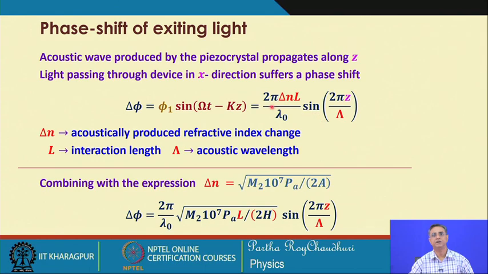I express this quantity in terms of this delta n, which is in turn again represented by m 2 and acoustic power. So, this is the expression for the phase change of the optical wave as long as it is travelling through a length of L of the acoustic beam.